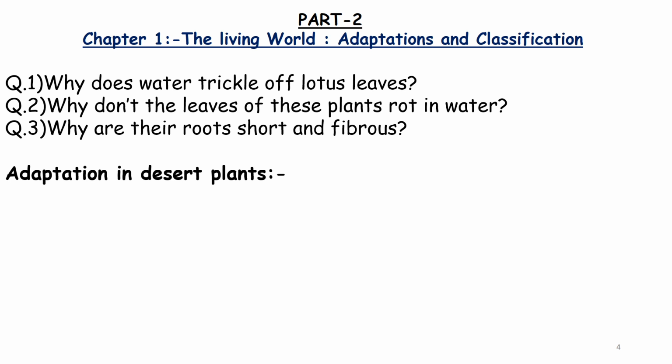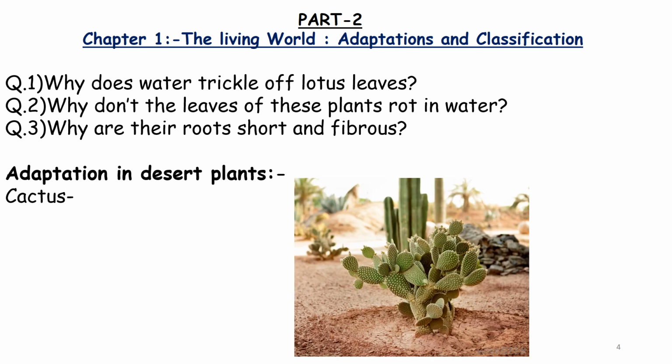Next point is adaptation in desert plants. The example of desert plants is cactus. You can see the picture of cactus in this image. Here we are going to try one experiment.